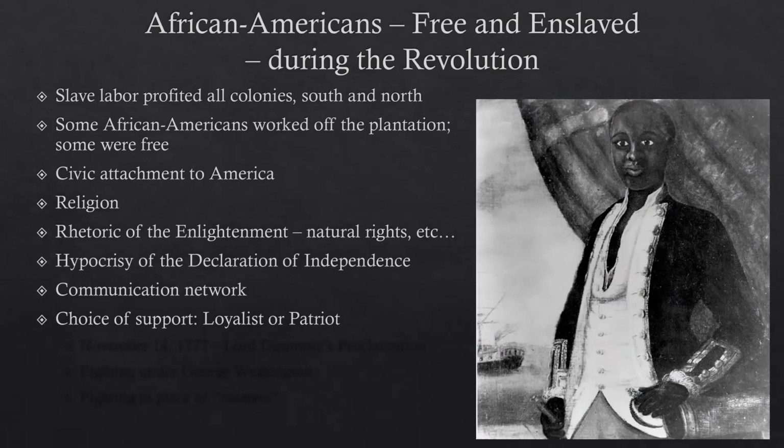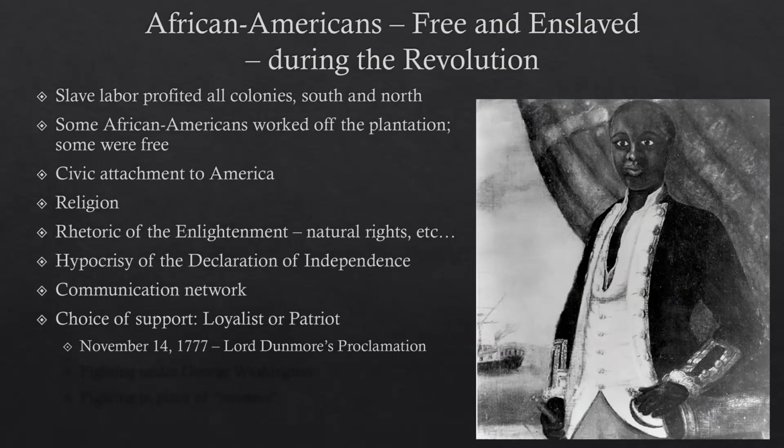Or they could choose to fight with the loyalists, the colonists who were on the side of Great Britain, and join forces with them. And they had reason to, because of Lord Dunmore. He was a British governor, so a British person on the side of Great Britain. He issued a proclamation inviting slaves to run away from their patriot masters.